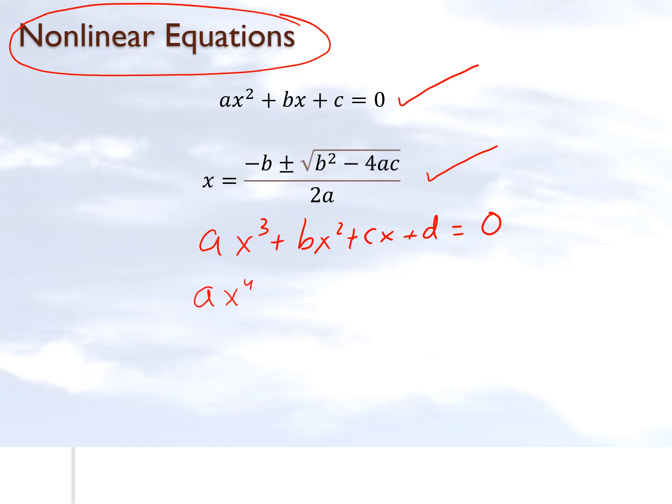You can have a fourth order polynomial equation, and for this also you can find an exact solution, but again, it's very cumbersome. However, for a fifth order polynomial or higher, you cannot find a general exact solution for the problem. So you've got to resort to numerical methods.